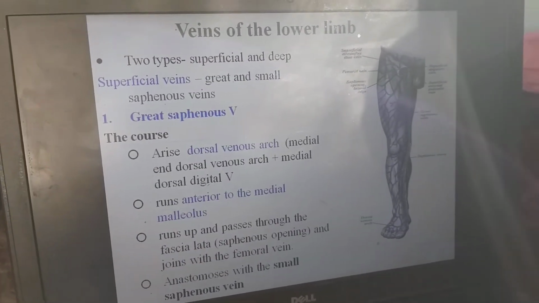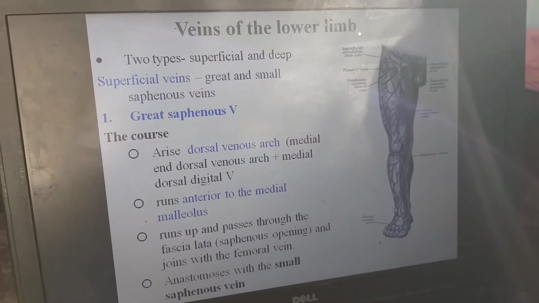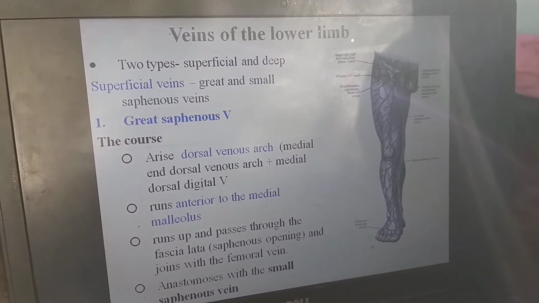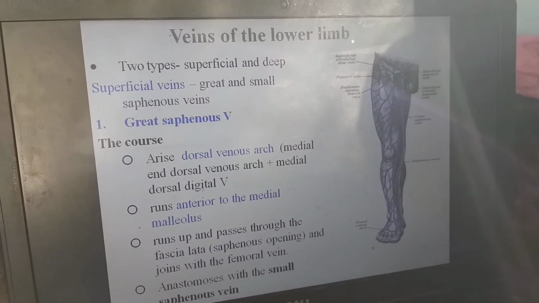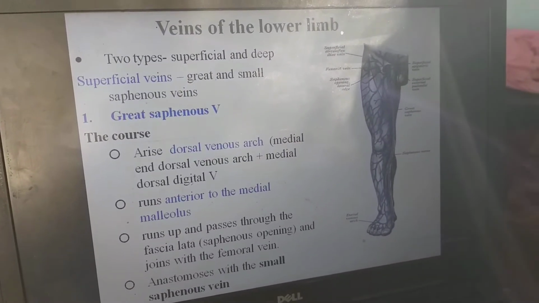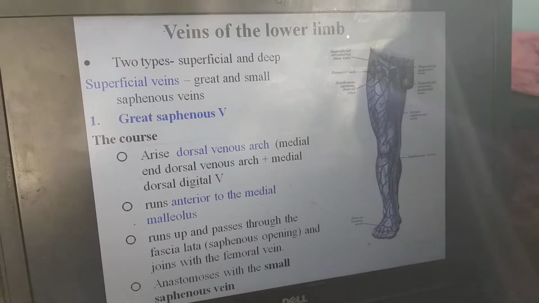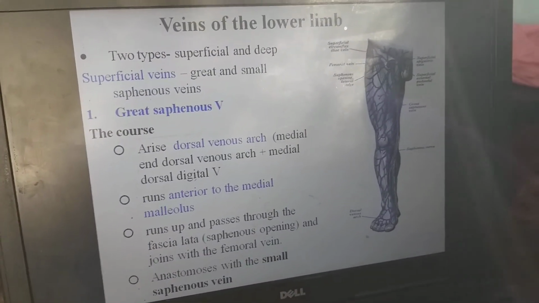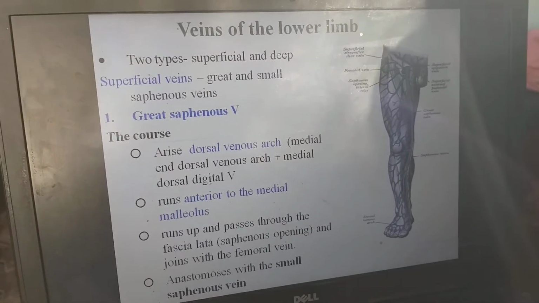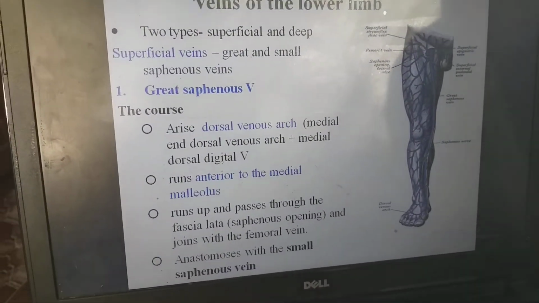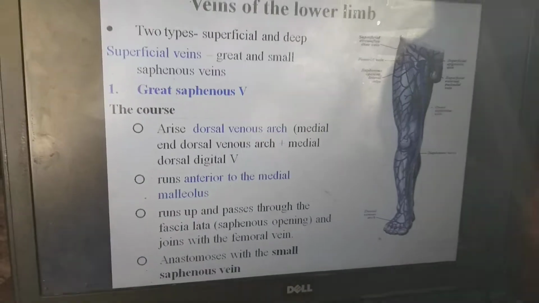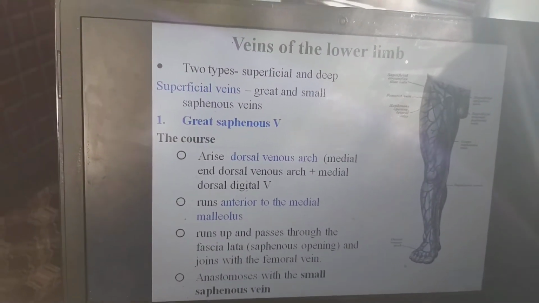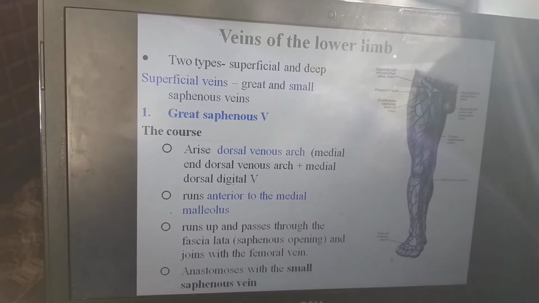Don't forget, in the upper limb, the basilic moves on the medial side, but the cephalic on the lateral side. Here, the small saphenous vein moves on the lateral side, but the great saphenous vein moves on the medial side. The great saphenous vein may sometimes be dilated, tortuous, and visible below the skin. This is what we call a varicose vein. It is mostly seen in individuals who stand for a long period of time, like nurses, doctors, teachers.